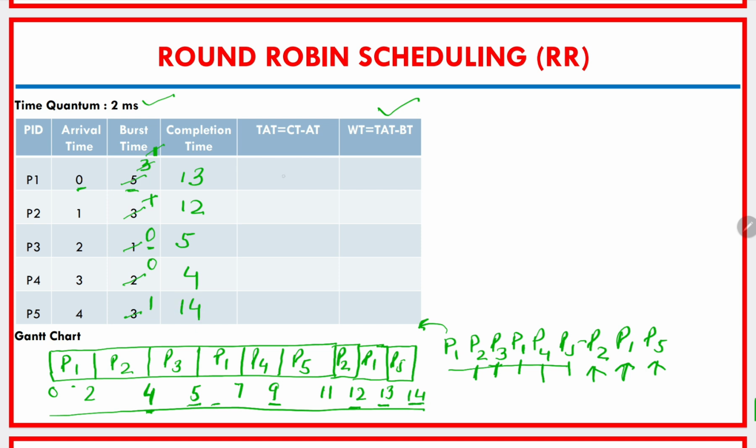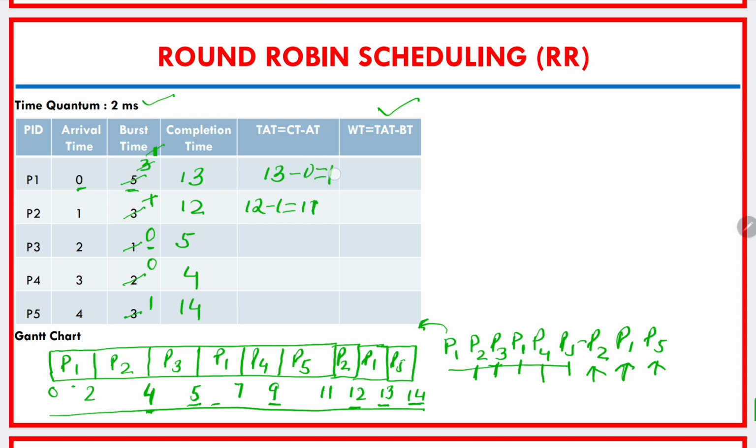So then let's calculate the turnaround time for individual processes, so that we can calculate the averages after this. It is completion time minus arrival time. So 13 minus 0 is 13. 12 minus 1 is 11.